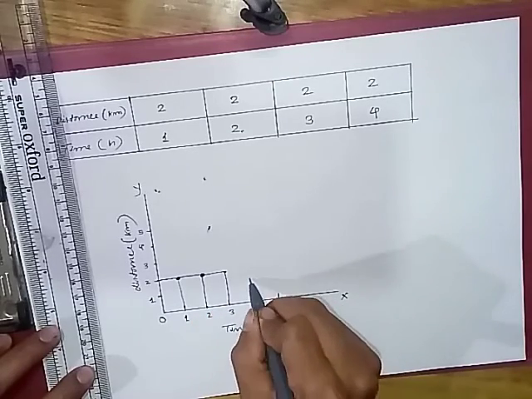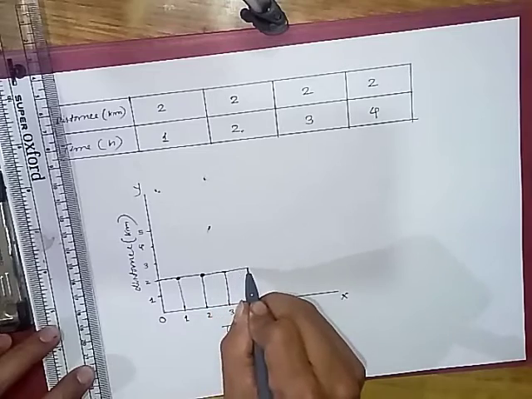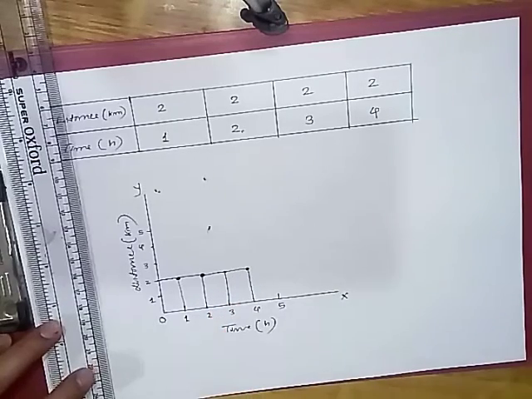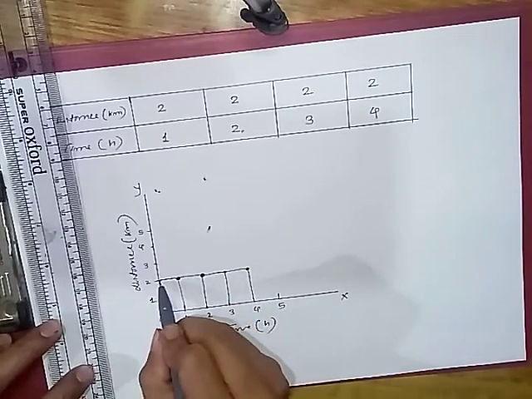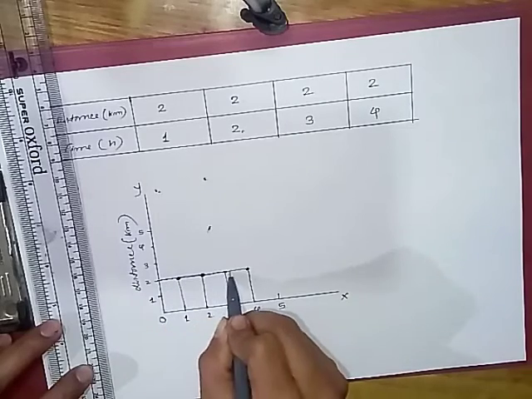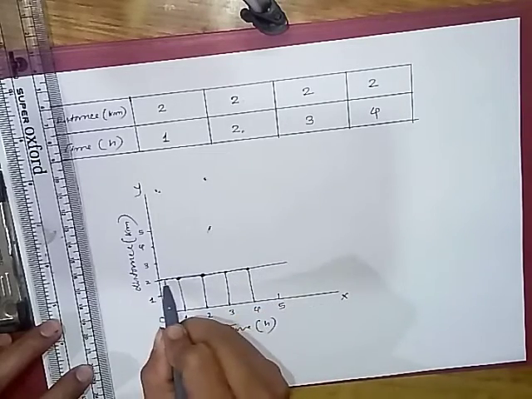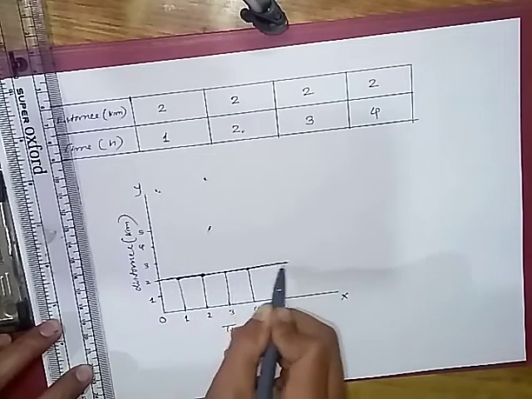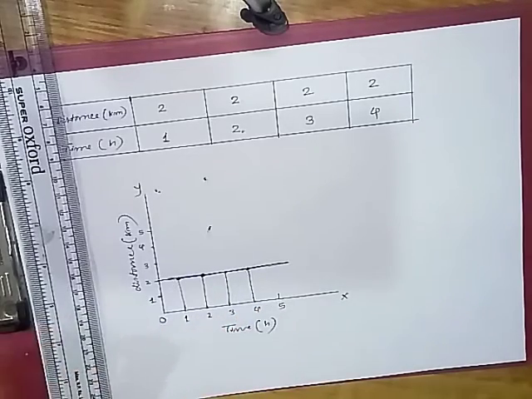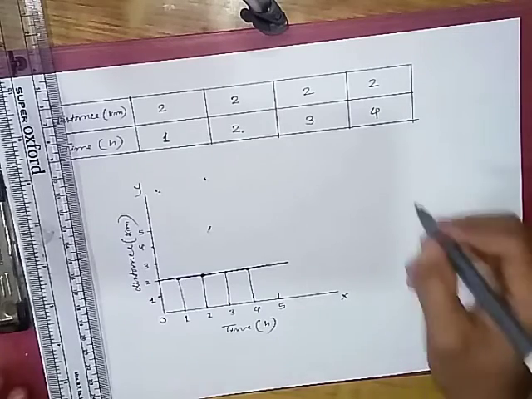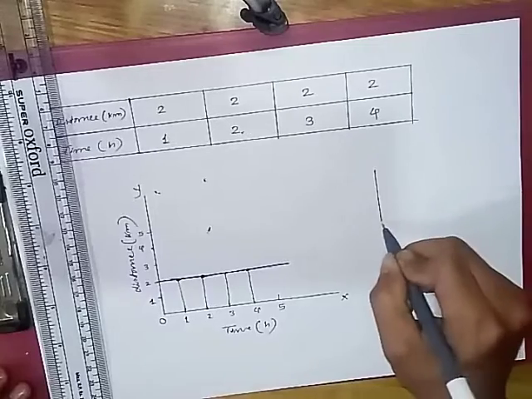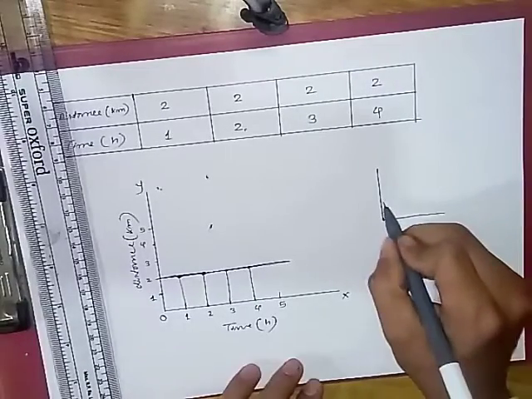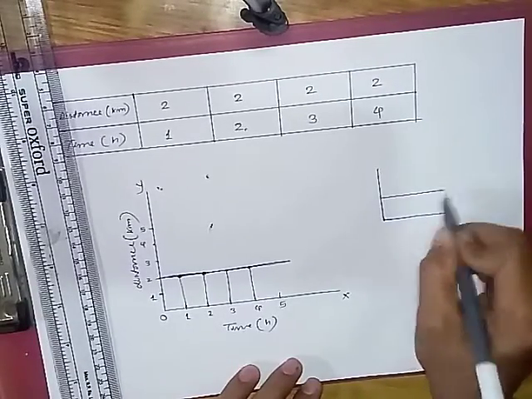In 4 hour also, the distance is 2 kilometer only. So now you join all the points, you will get a straight horizontal line. So whenever a car is at rest, then the distance time graph will be a horizontal line.